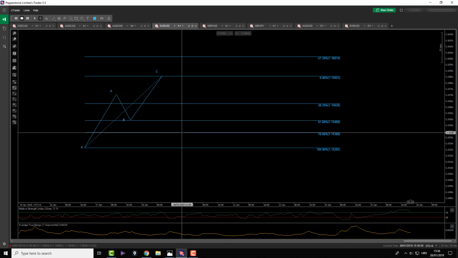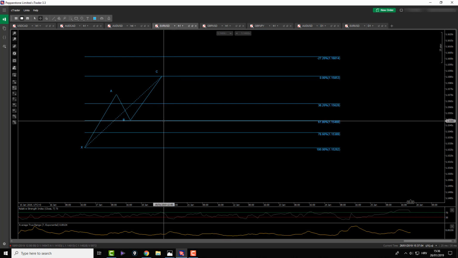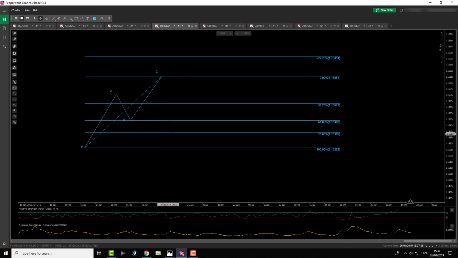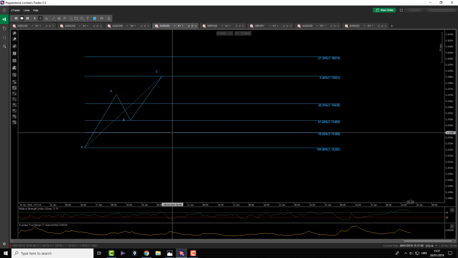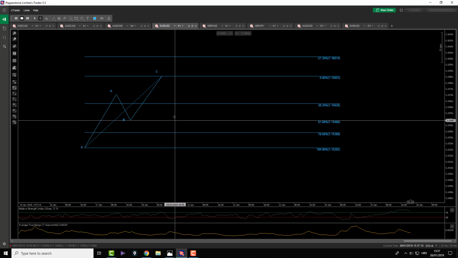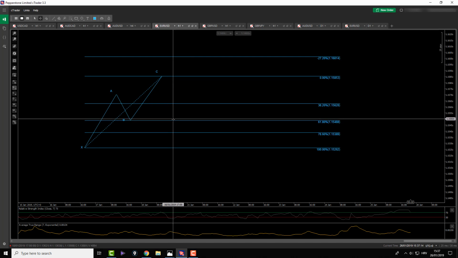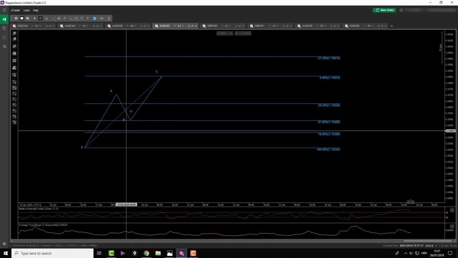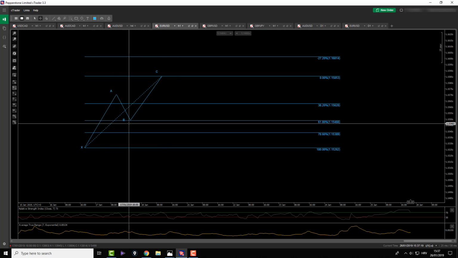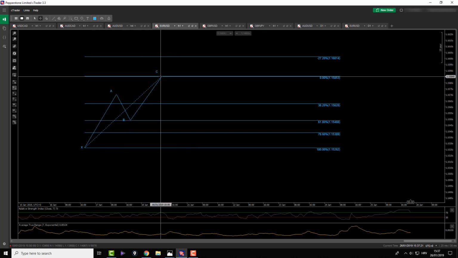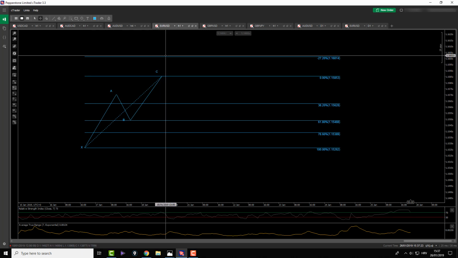The 78.6 level, the D completion point, needs to be at least at the price point of B or beyond that point. So if the D completion point in some example came above the B point, the Cypher pattern would not be valid. Those cases can happen when you have a huge wick above the 1.414.